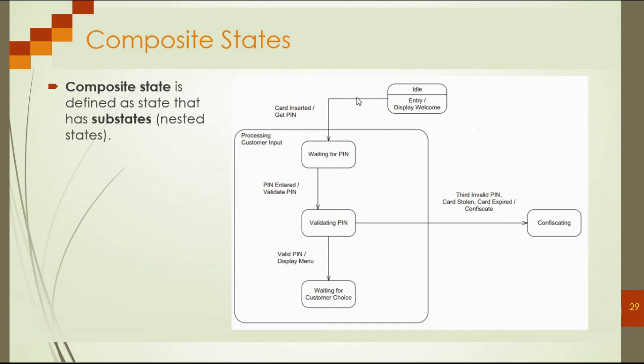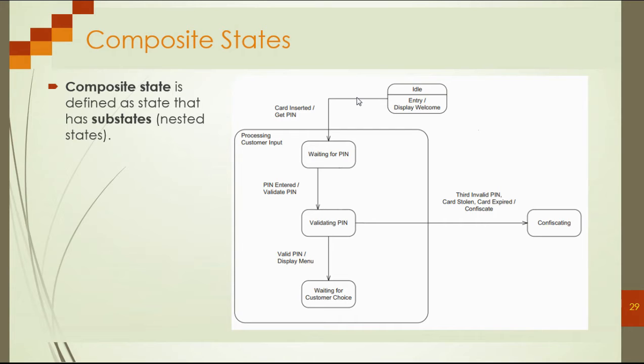In the same example, as we see, there is no hiding state, but here we combine some states together. For example, we combine waiting for bin, validating the bin, and waiting for customer. All of these states, we can consider as the process of the input of the user.